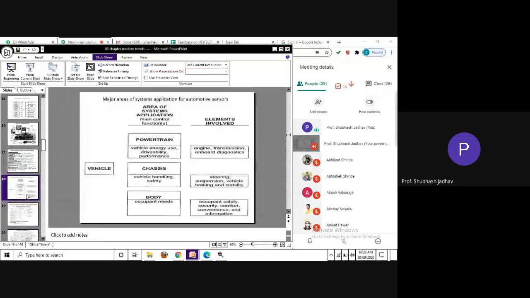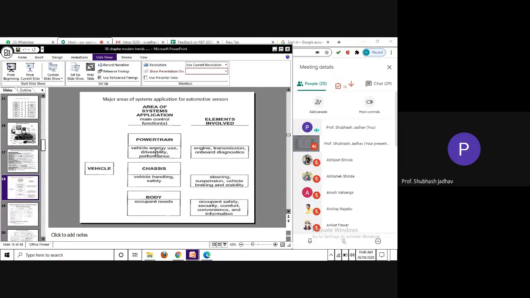When we say automobile, we do have powertrain related systems. Here we have vehicle energy use, drivability, performance, all these applications. Chassis related parameters which need to be controlled are vehicle stability, safety, etc. Body related are occupants' needs.